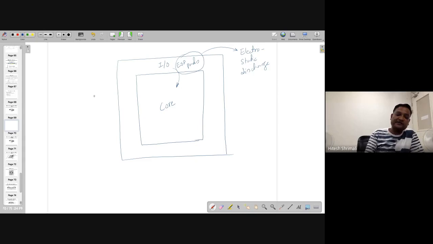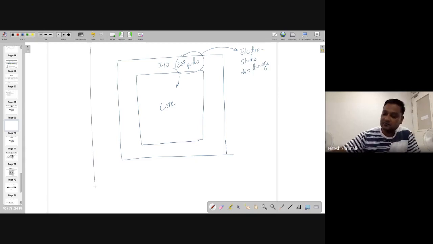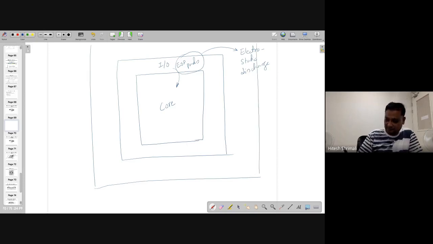But outside this, there is one more interface where these are connected to the pins.